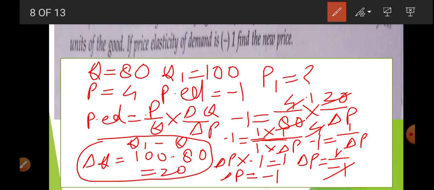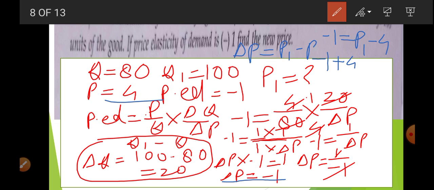So let me explain it. The equation is del P is equal to P1 minus P. Del P is -1, P1 we don't know, P is 4. So we transfer it: -1 becomes +4, equal to P1.